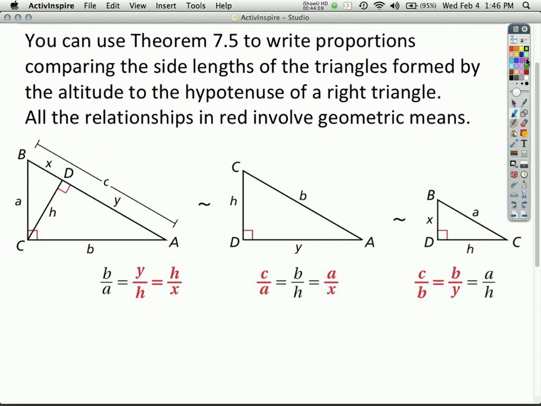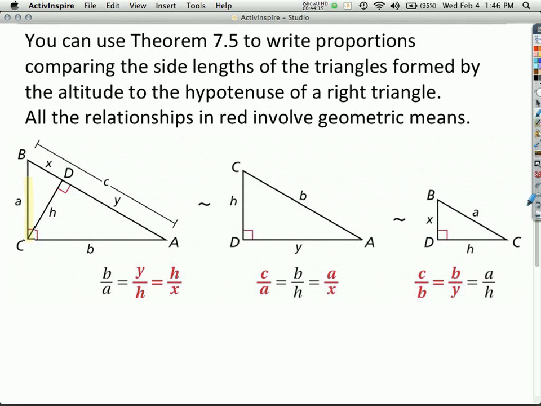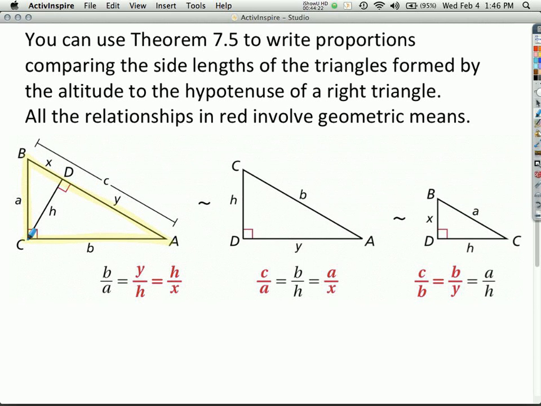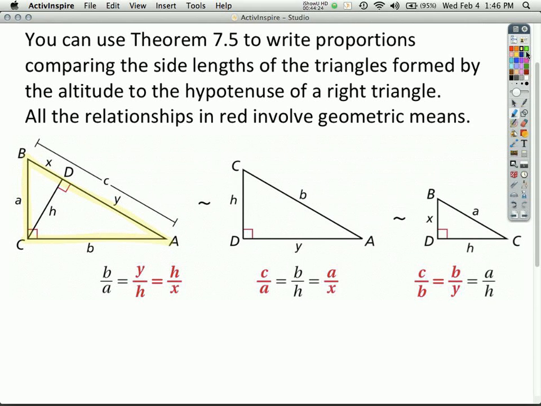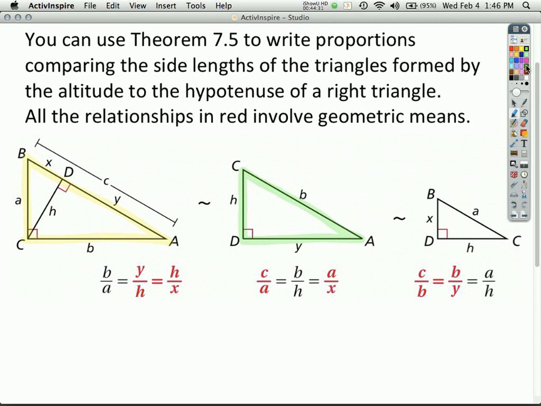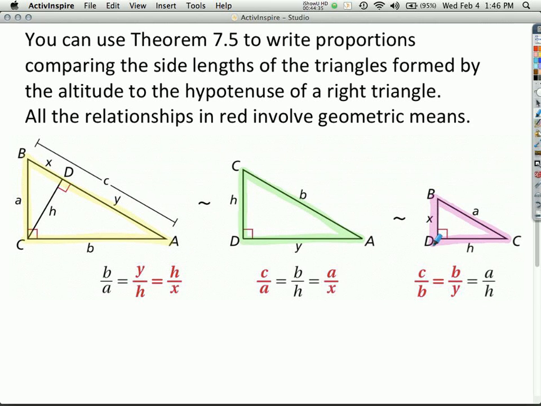In this triangle, I want you focused on just this. The middle triangle, of course, we're just looking here, here, and here. And in the smaller triangle, we're focused here, here, and here. We talked about the fact that they're all similar to each other.